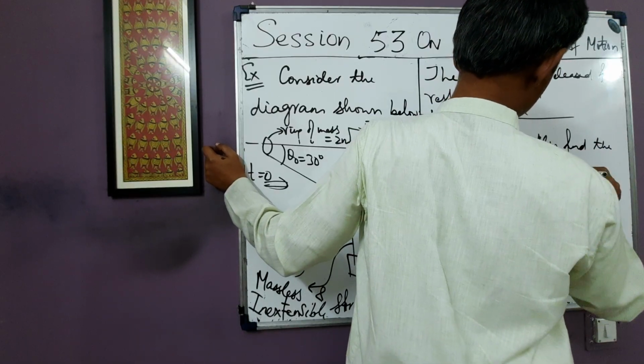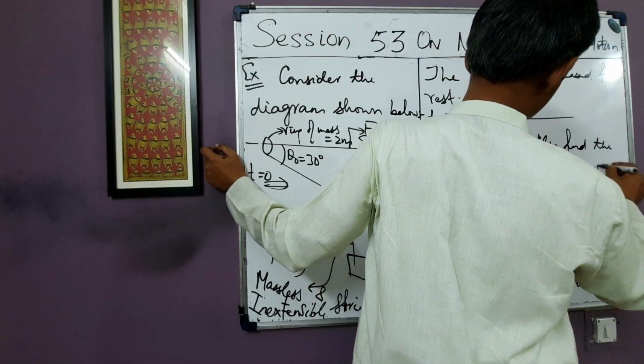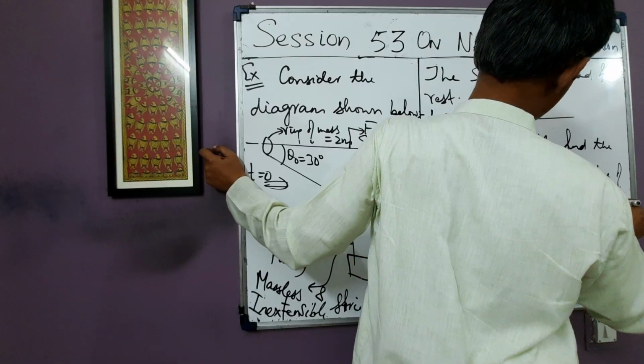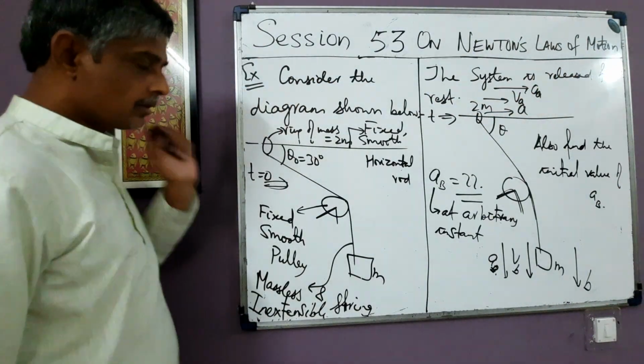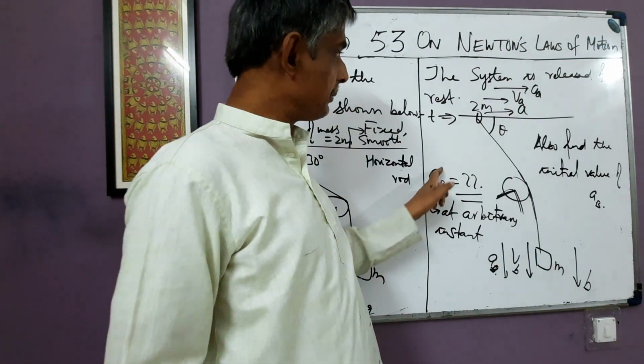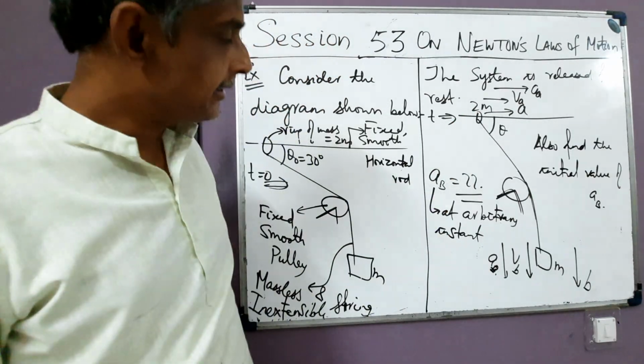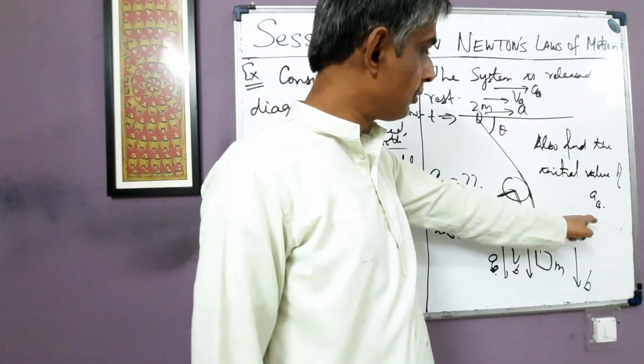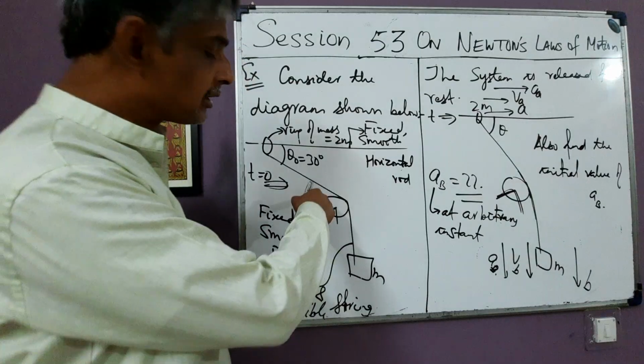First we have to find a_b at arbitrary instant t, and then from that expression we have to find the initial value of a_b when the system is just released from rest.